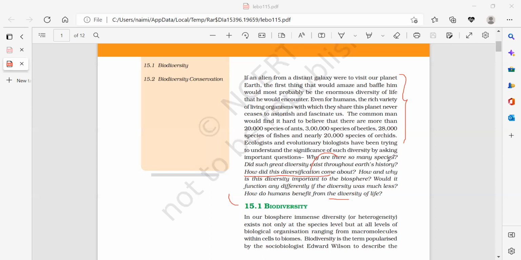Some ecologists and evolutionary biologists have been trying to understand the significance of such diversity by asking different types of questions, such as why they exist, what is the importance of these varieties, and how it is beneficial for humans or not. So there are lots of questions arising in the minds of ecologists and evolutionary biologists. It is a very important paragraph of this chapter. Next, we will discuss biodiversity.